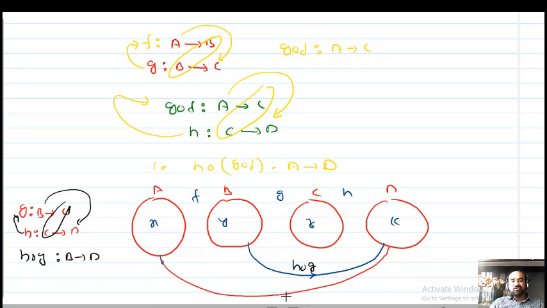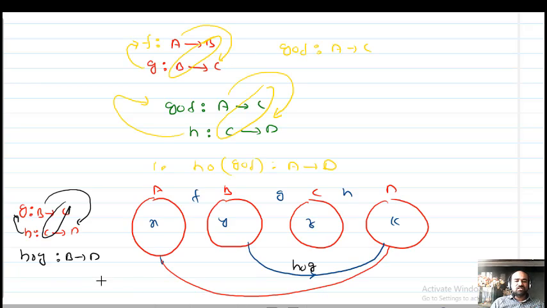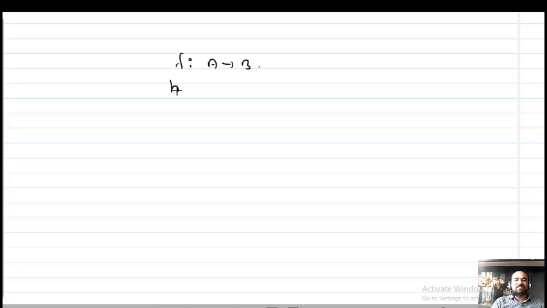Now I want to find the A to D new function, the red color one. I will write in the next page. Students, listen. f maps A to B. We just got a new function, h circle g, which is from B to D. By the definition of composite function, there is a new function from A to D, which is the composition of this with that.